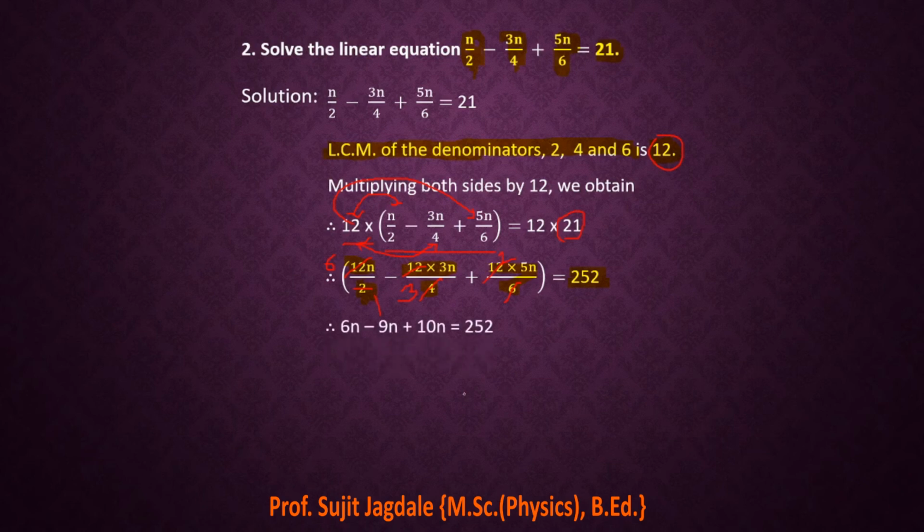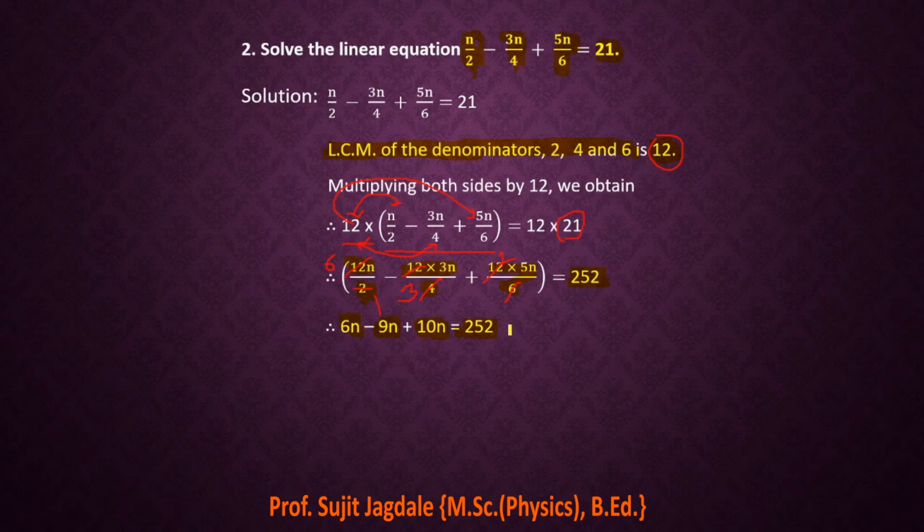So we can write it like this: 6n, because 2 6s are 12, then 3 into 3 is going to be 9n, 6n minus 9n, that sign is going to remain as it is. And here 2 into 5, so 5 2s are 10 or 2 5s are 10, and the RHS is going to remain 252.